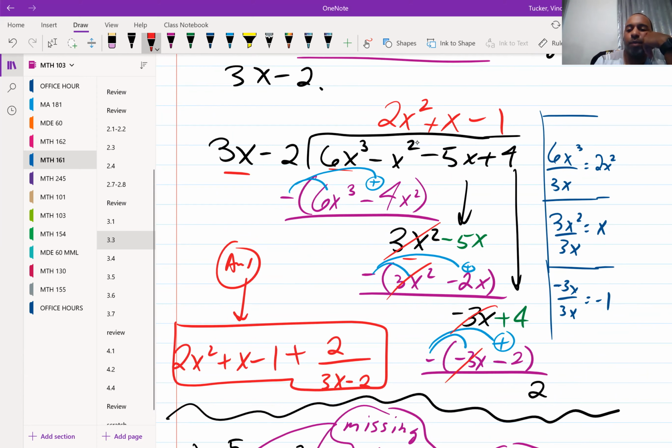And then you have 4. Oh, this should be a plus. Should be a plus right here. That should be a negative. All right. So that's 4 minus 2, and that gives us a remainder of 2.